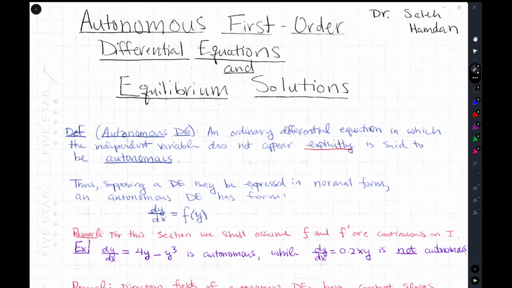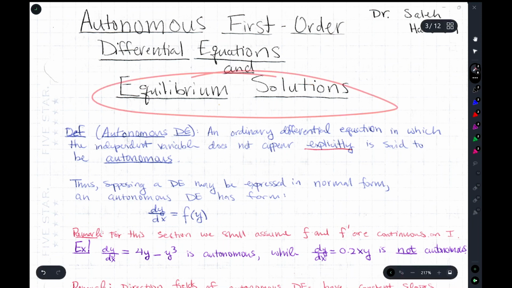So continuing on of looking at differential equations qualitatively rather than solving for solutions analytically, one major class of differential equations that we could say a lot about are autonomous first-order differential equations. And these equations are important because they have straightforward equilibrium solutions.